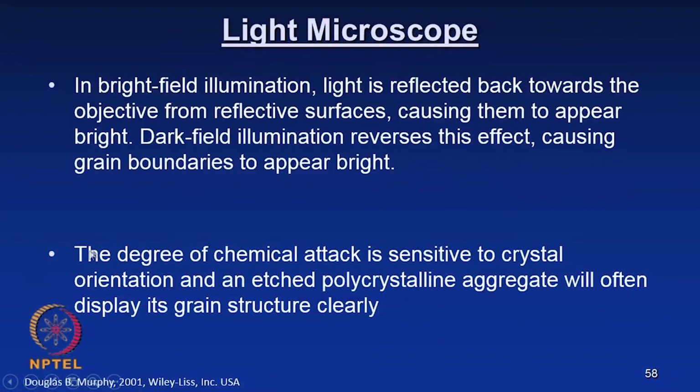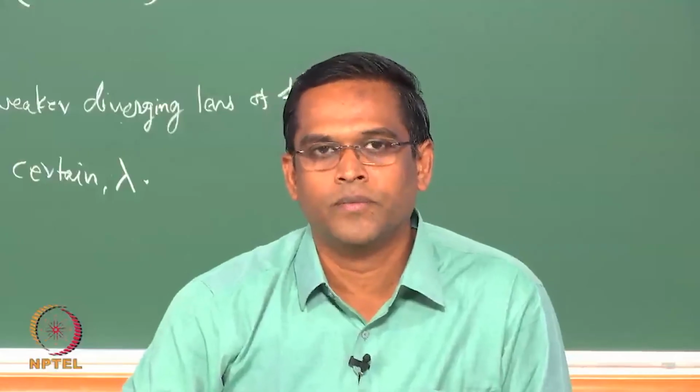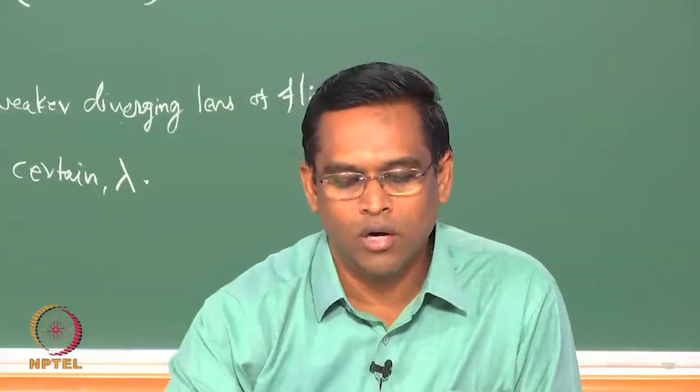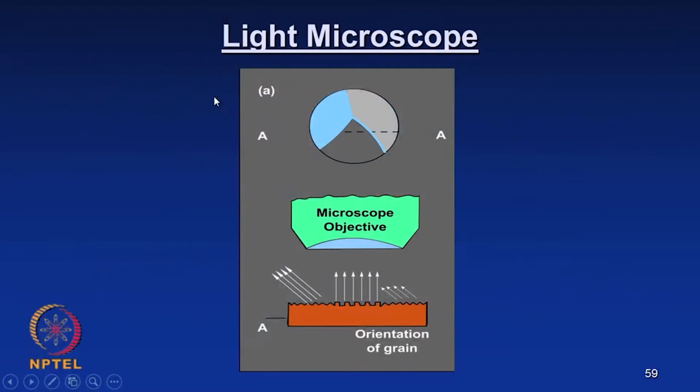The image quality depends upon the degree of chemical attack, which is sensitive to the crystal orientation, and an etched polycrystalline aggregate will often display its grain structure clearly. So, we will also talk about this etching behavior. We will see what etching is and how it affects the image quality in a coming class.